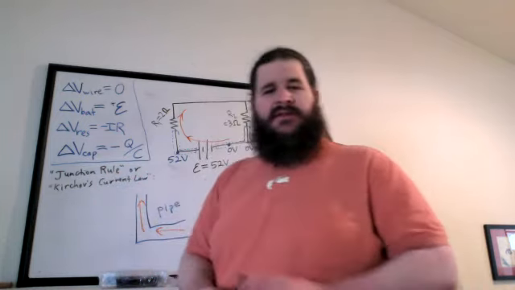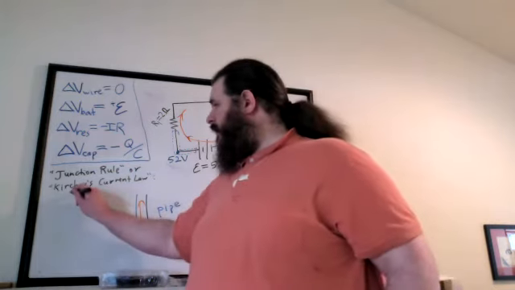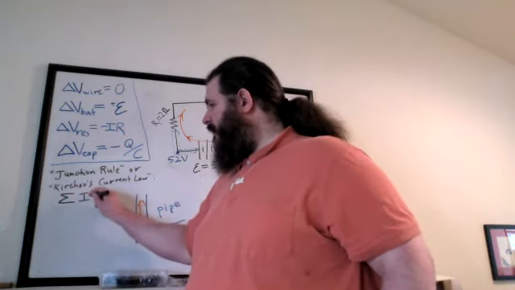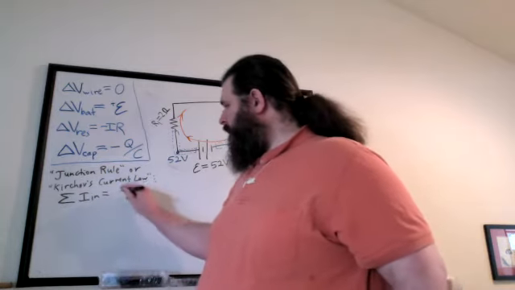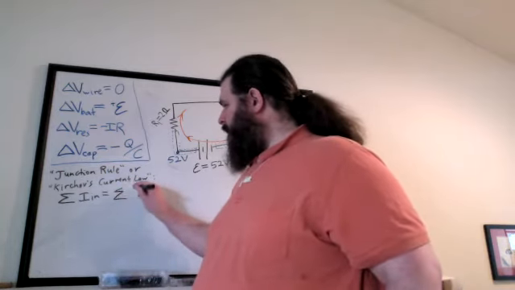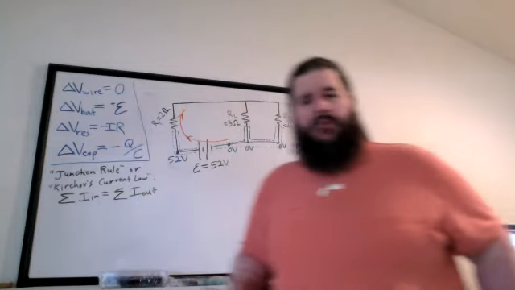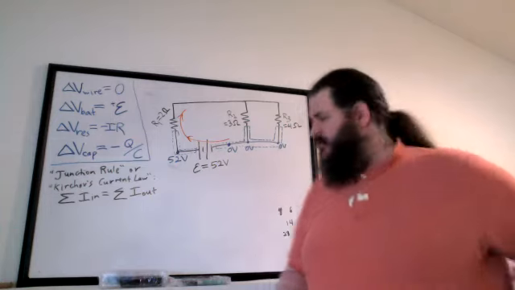And that is just the statement that the current flowing into a point must match the current flowing out of a point. Or more generally, the sum of all the currents flowing in must equal the sum of all the currents flowing out. And this is true for any point on the wire. It's called the junction rule because it's usually most useful at a junction.